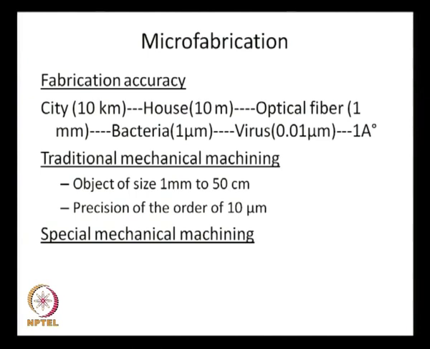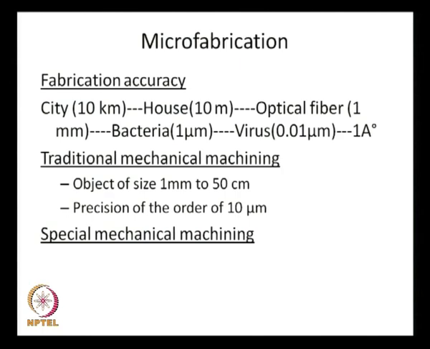Traditional mechanical machining is the one that we have in the workshops. You must have studied in a workshop, it commonly goes by lathe machine. So, this traditional mechanical machining operates on objects of size 1 millimeter to 50 centimeter. Okay, 1 millimeter to 50 centimeter.